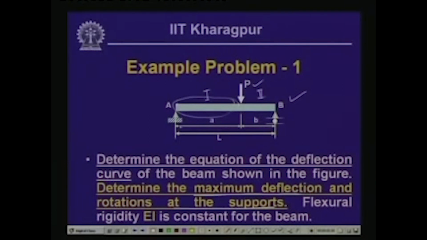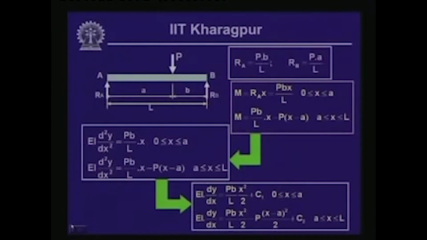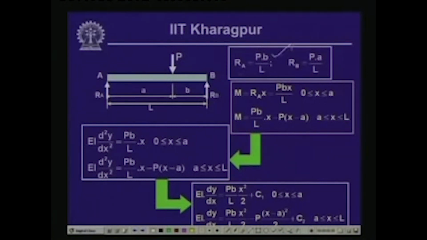But before that, we need to evaluate the reactive forces, say R A and R B. Since there are no horizontal forces in the beam, the horizontal force is equal to 0, and we can compute the value of R A and R B. If we take moment about B, we get the value of R A, and from R A plus R B equals P, we can compute the value of R B. They come like this: R A equals P B by L and R B equals P A by L. This in fact we had seen last time.